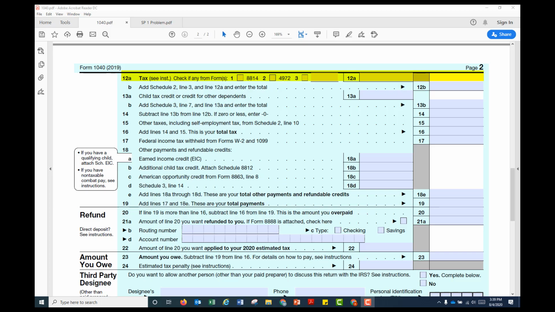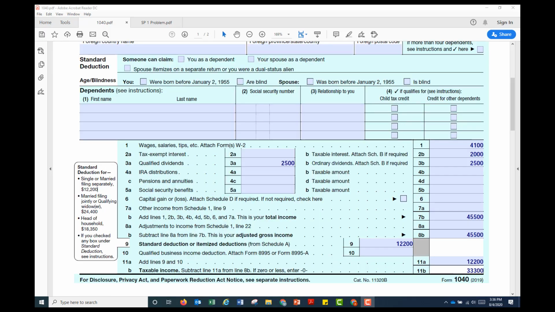No, it's not. We are not going to use this figure because we have qualified dividends of $2,500 reported on line 3A. This $2,500 is subject to a different set of tax rates, the qualified dividends tax rate, and the rest of it will be the ordinary income tax rate.